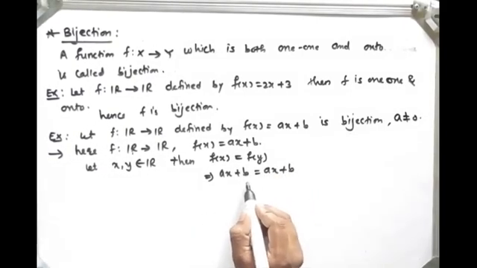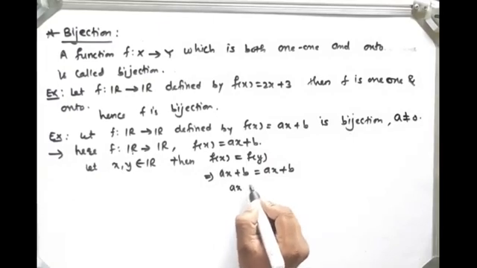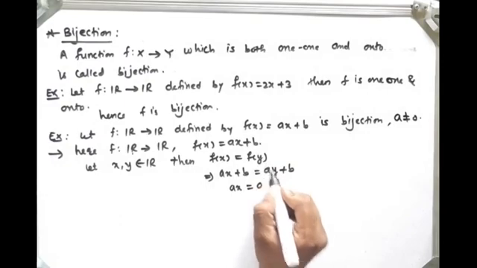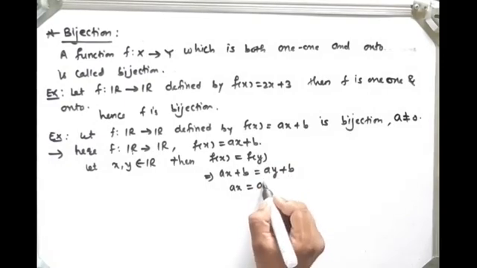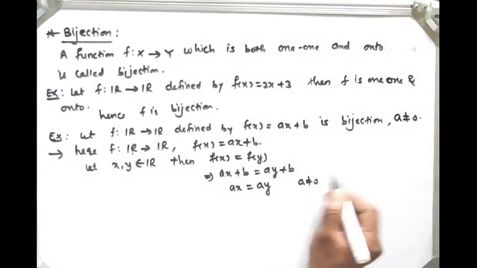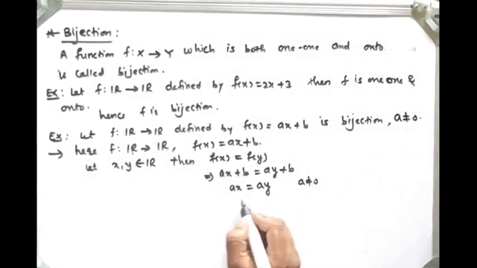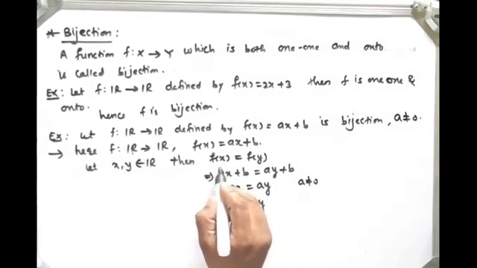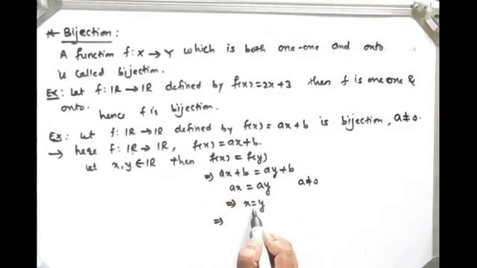So b gets cancelled, remaining ax is equal to ay. Since a is not equal to 0 as given, divide both sides by a, so we get x is equal to y. Means f of x is equal to f of y gives x is equal to y, means f is one-one.